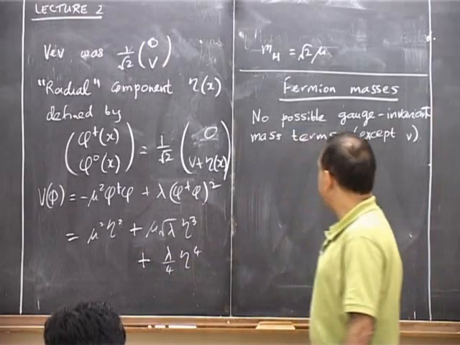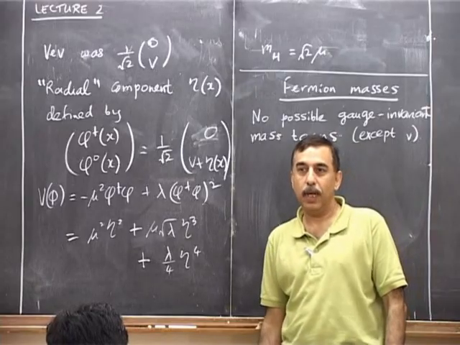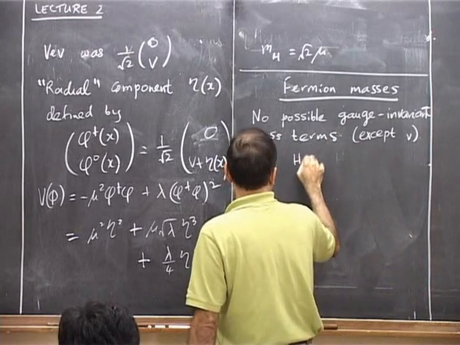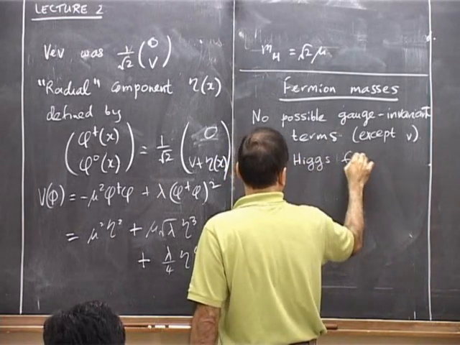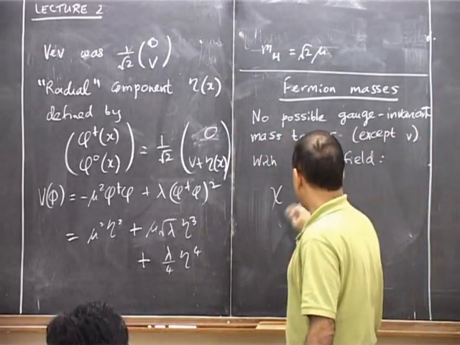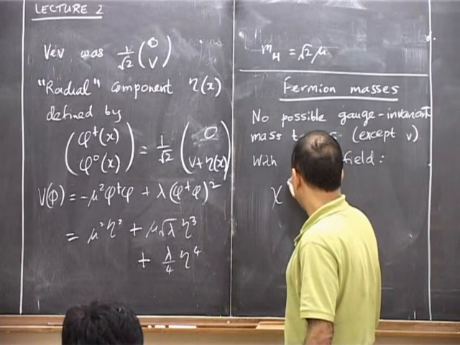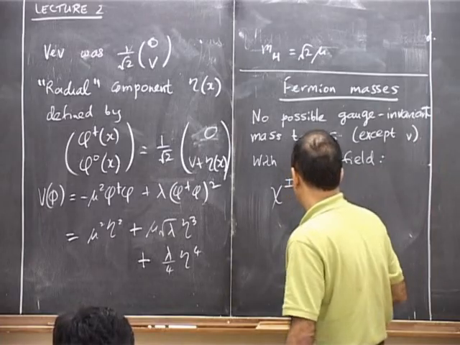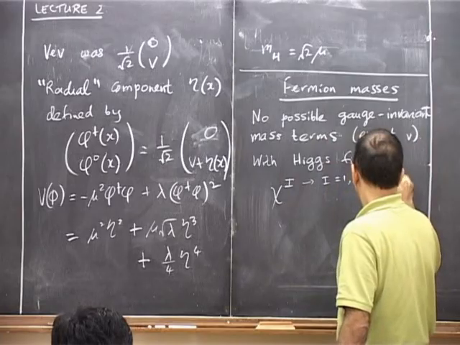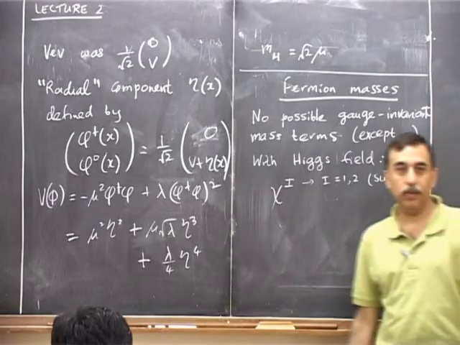Good. Now, what's going to help us is that the Higgs field is present and it's a doublet of SU2. So I have a chance to write something with the Higgs field, which involves a fermion in a doublet. Let's keep the SU2 index. This is SU2 weak, not the SU2 cross SU2 of the Lorentz group.